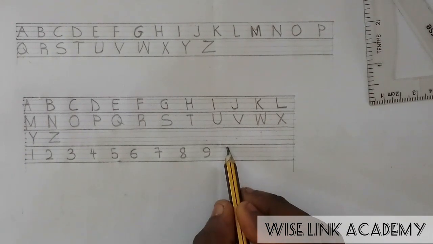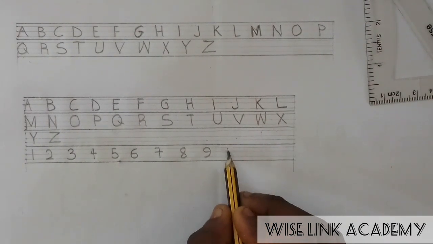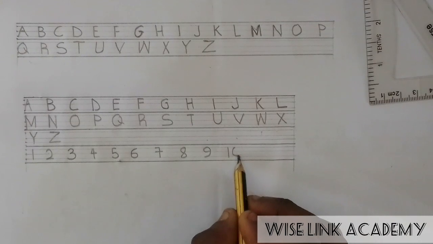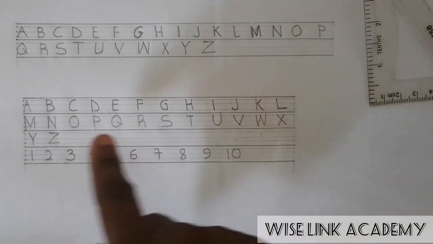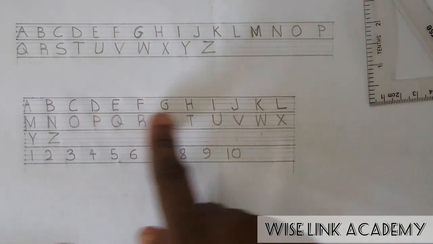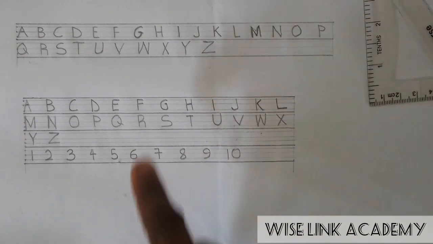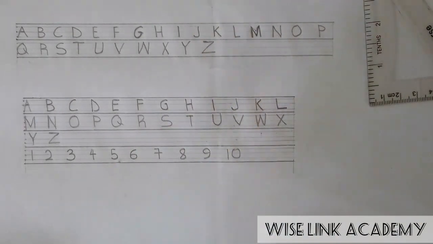And here's my 10. So it's continuous. So this is how to write numbers in lettering. So here it is. The concept here is uppercase. This is uppercase lettering.